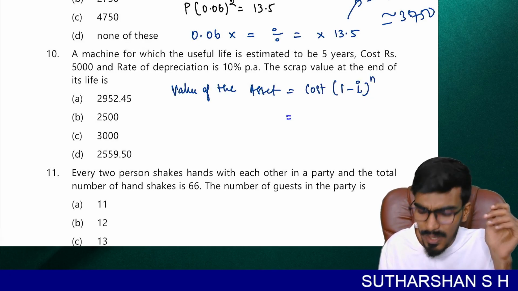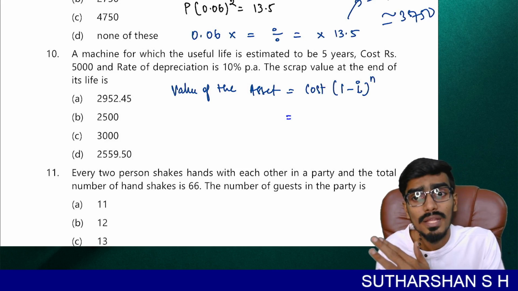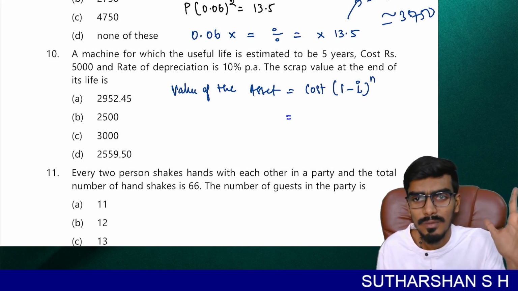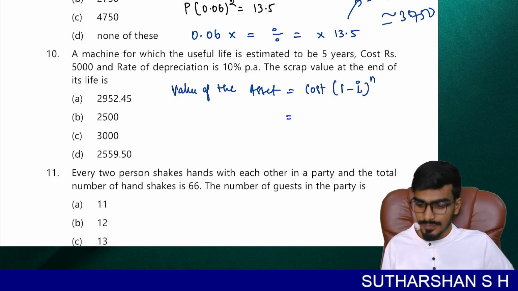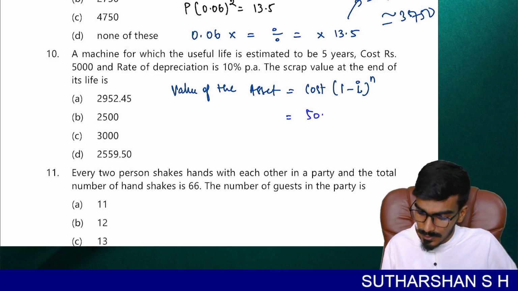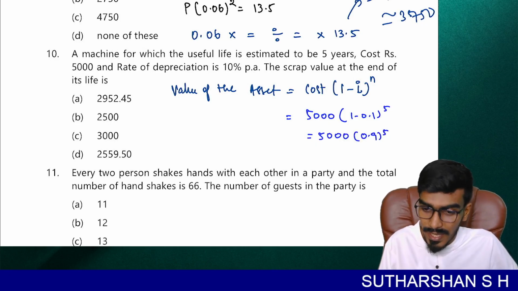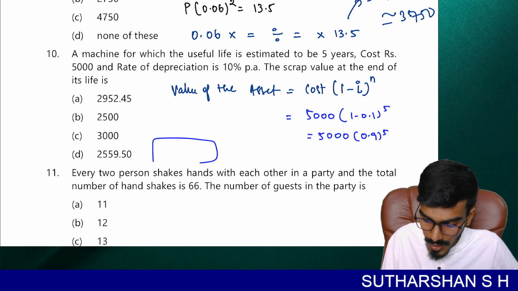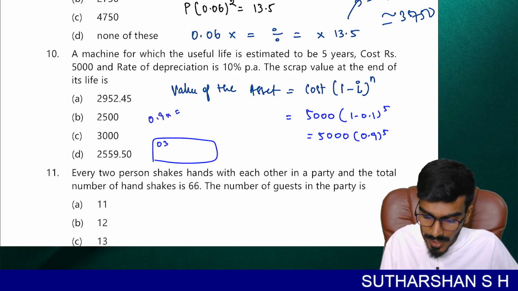So I will apply both the methods. For those who remember the formula, one method. Directly applying the calculator by simple logic, we will apply in one calculator. See guys, cost is 5,000 into 1 minus 0.1 whole power 5, which is basically 5,000 into 0.9 whole power 5. Take a calculator. 0.9 into equal to, in the corner you are getting 3.